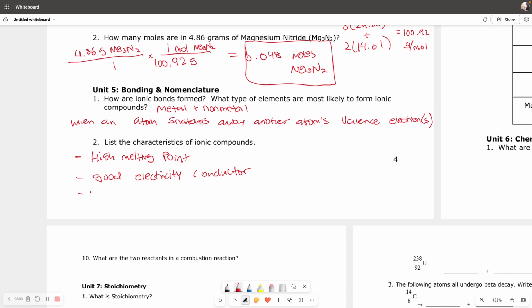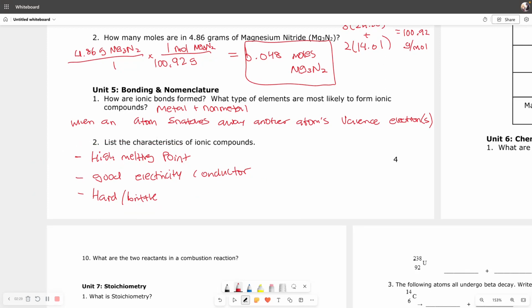It will be hard, like texture-wise hard, and often brittle. Not always, but often brittle. And it will require a lot of energy to break apart, but I don't think you need to know that. So just remember these general 3 points, I guess.